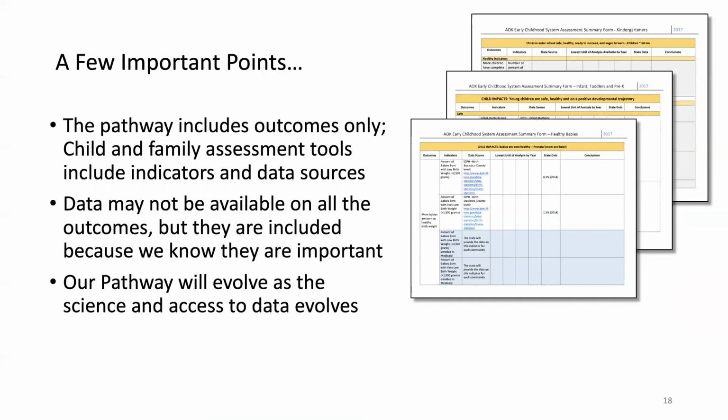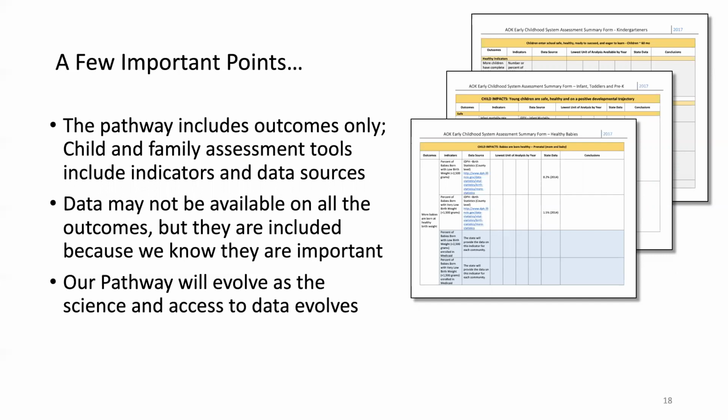Most of them will have data, but there are a few outcomes that we've included because we know they're important, even though there may not be data that's easily available. So just know that, and also know that we will continue to update this pathway as the science evolves and we better understand the outcomes that are critical for development, health, and well-being, as well as access to data as that evolves and becomes more available.